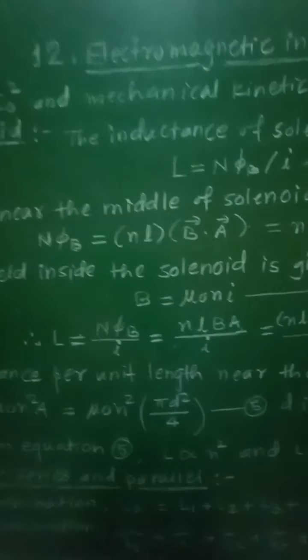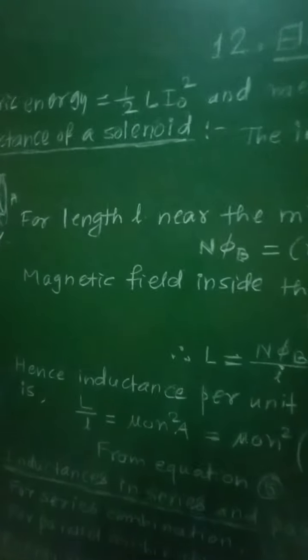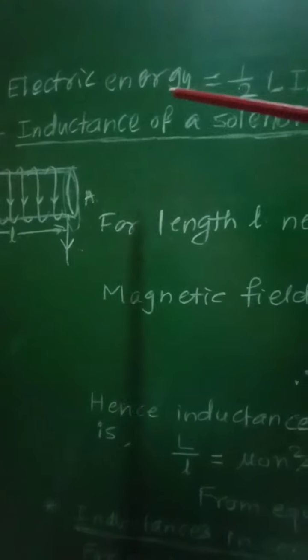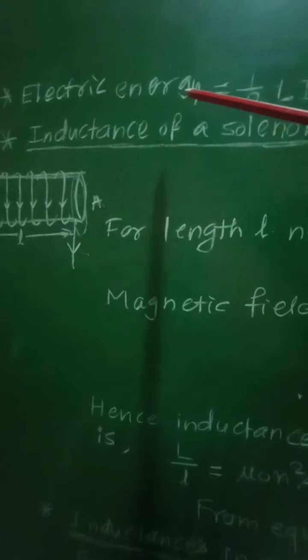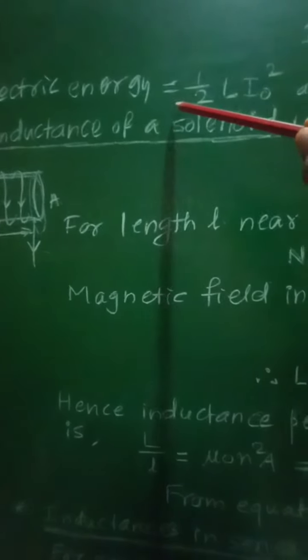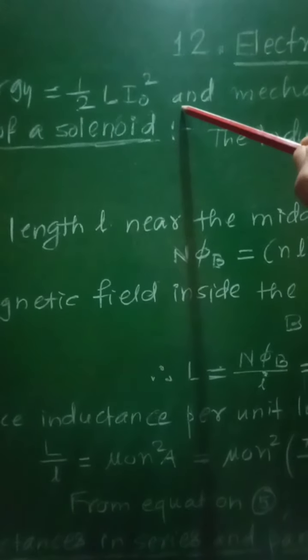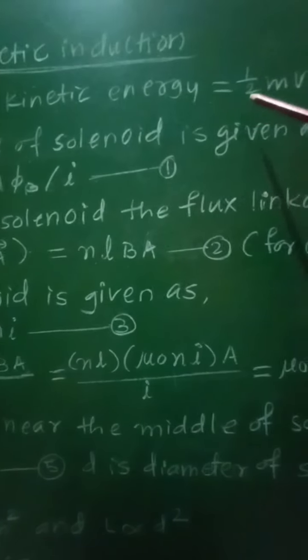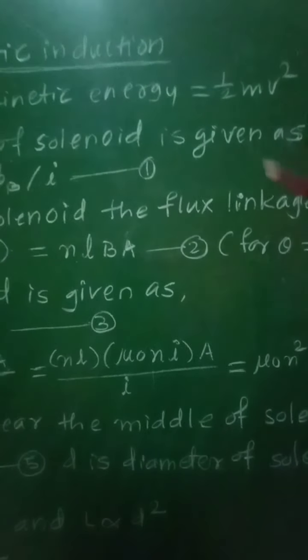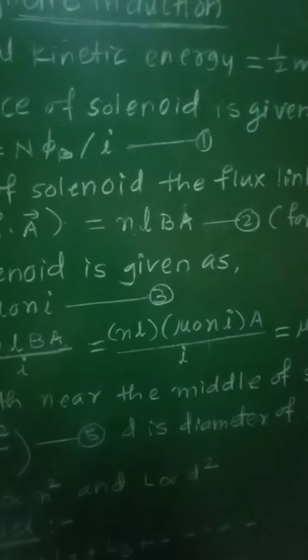From the chapter, in the previous video, we have seen that the electric energy, which is also called electric kinetic energy, equal to half L I0 square, and the mechanical energy equal to half mv square, are analogous with each other.